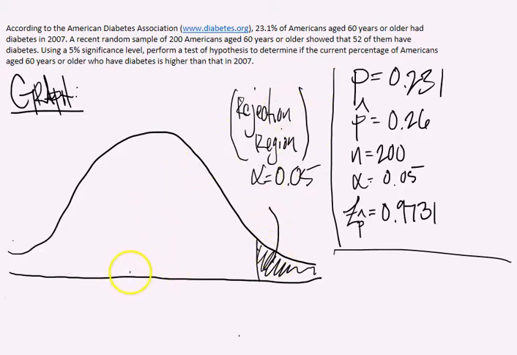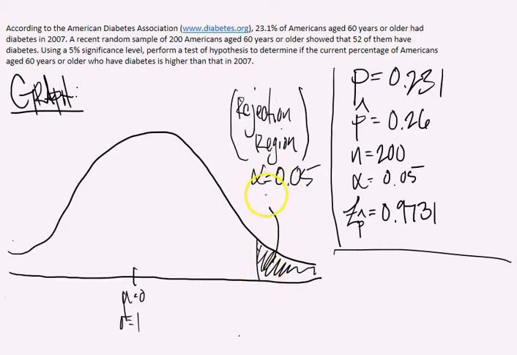Another way of doing this, which I think is a little bit easier, is using the standard normal distribution. I have a mean of 0 and a standard deviation of 1. I have a z-score of 0.9731, and I need to know how far away is too far.